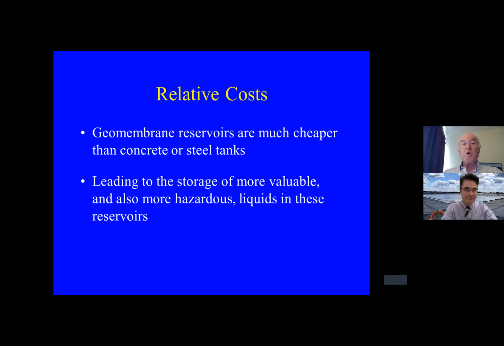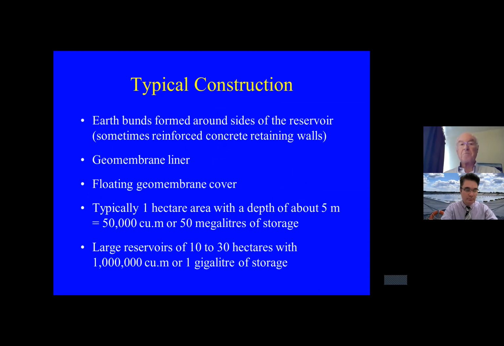Looking at the relative costs, geomembrane reservoirs are much cheaper than concrete or steel tanks. And this is leading to the storage of more valuable and also more hazardous liquids in these reservoirs. Now, to build a reservoir, typically you form earth bunds around the four sides of the reservoir, although sometimes people might use reinforced concrete.